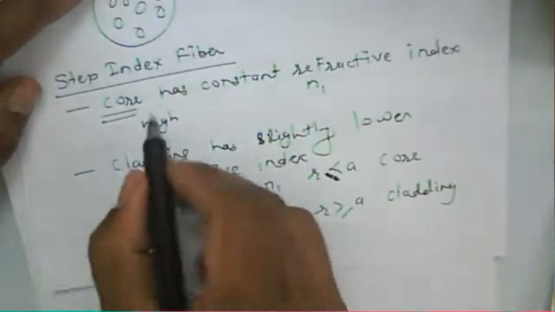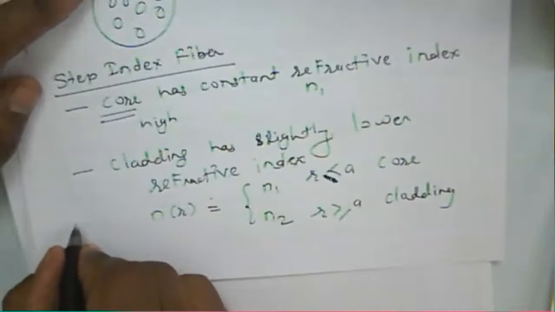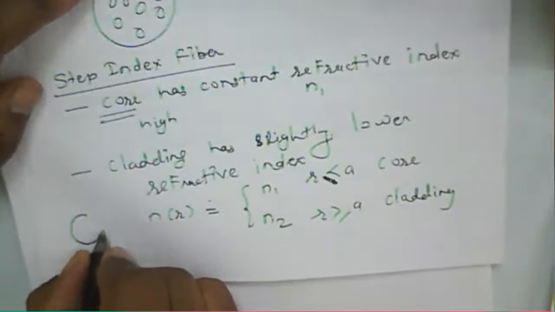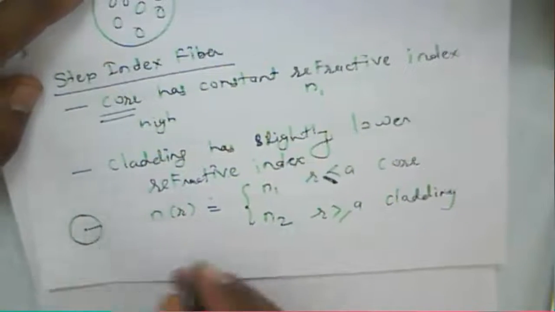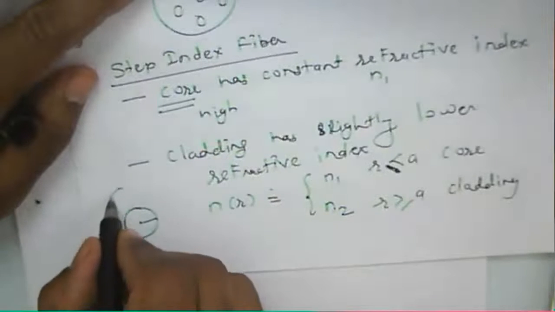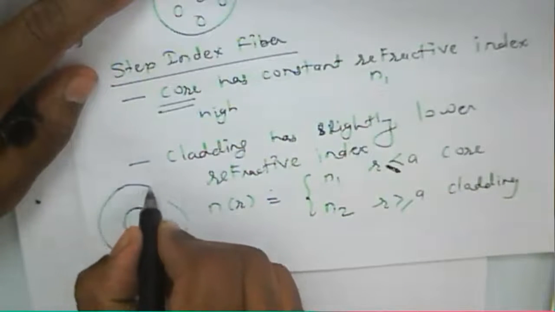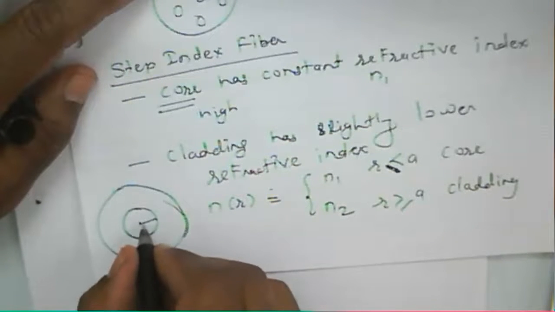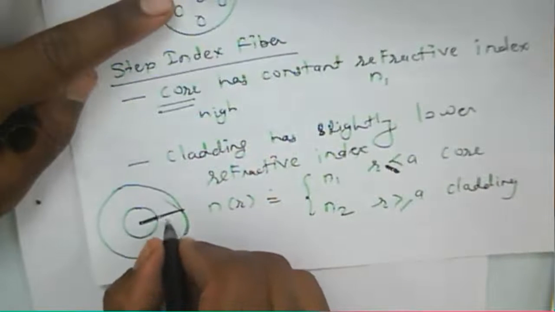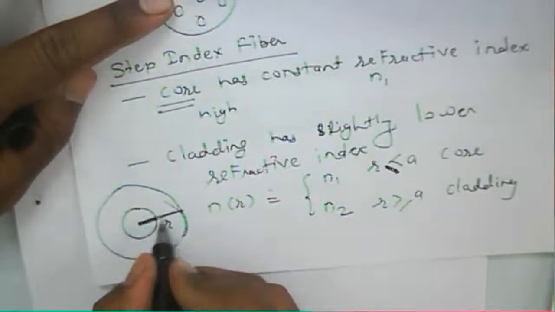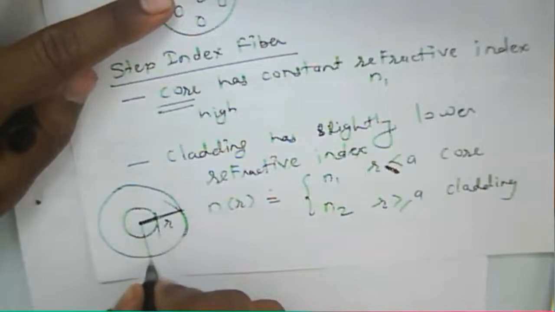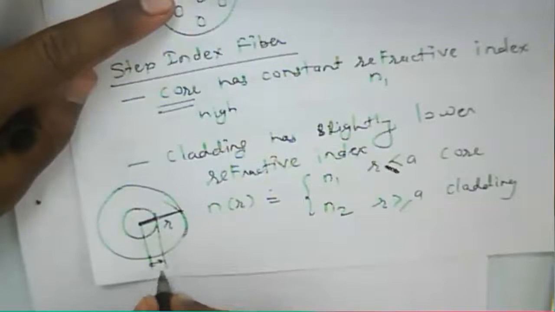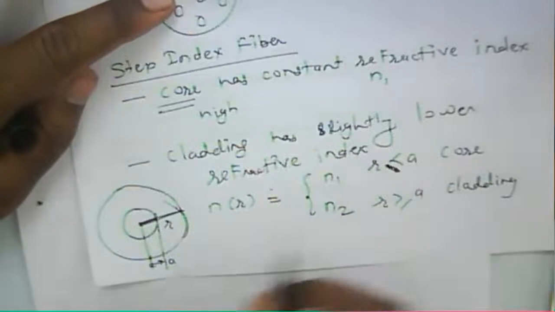So for the given step index fiber, this is the radius of the fiber, and this is the cladding now. We consider this as r, from the center to the cladding, and this is a.